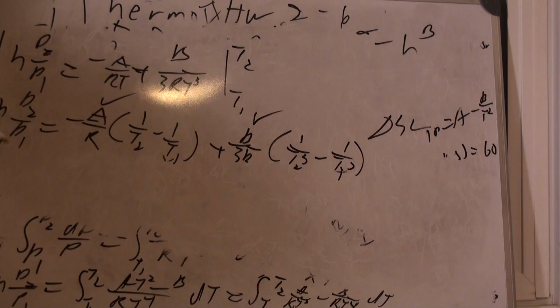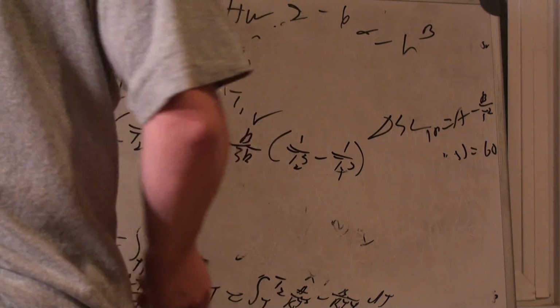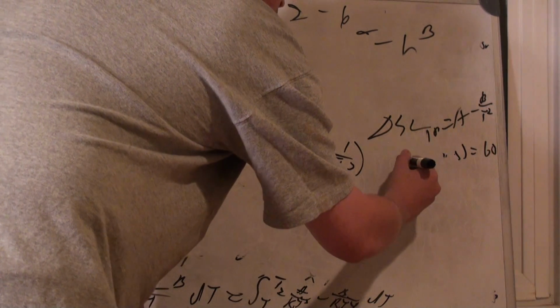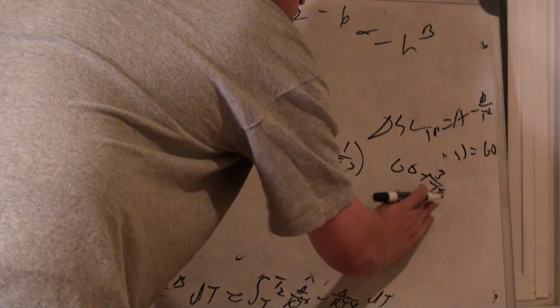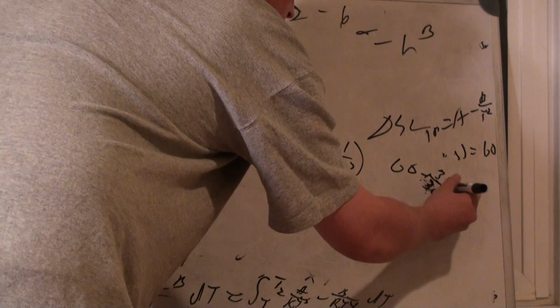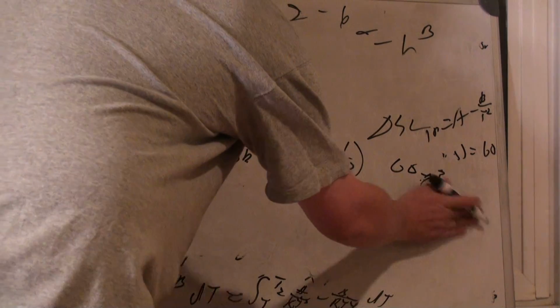Okay, and so, I solve for like this one. Let's just, kind of do that in a sense and say that 60 plus B over T squared, which is 300. So B over 3, and you know how much I love plugging in numbers, and so I won't really do this.